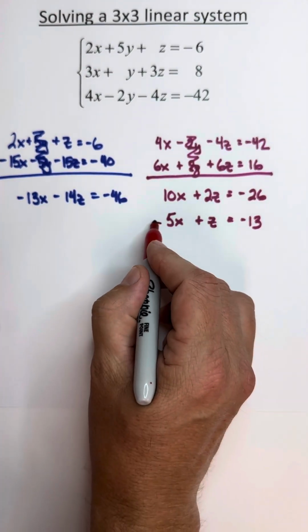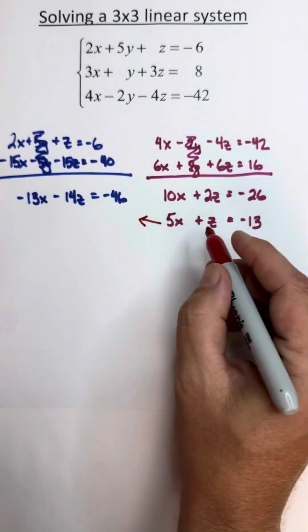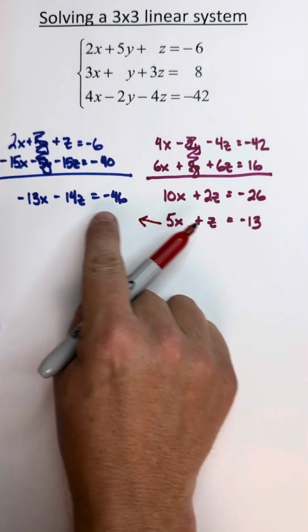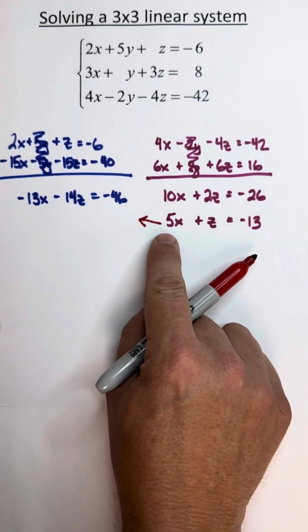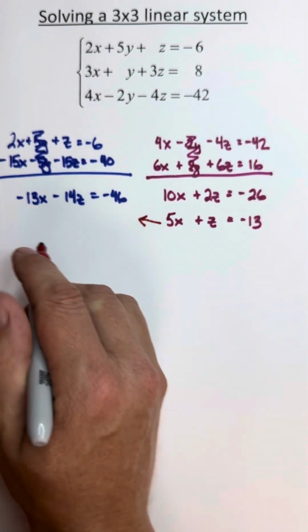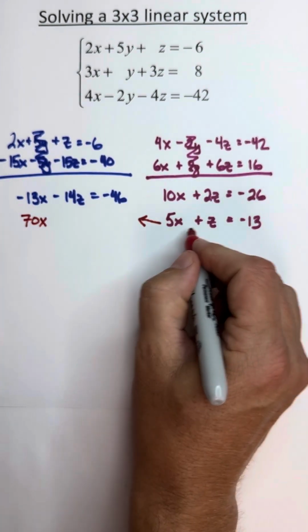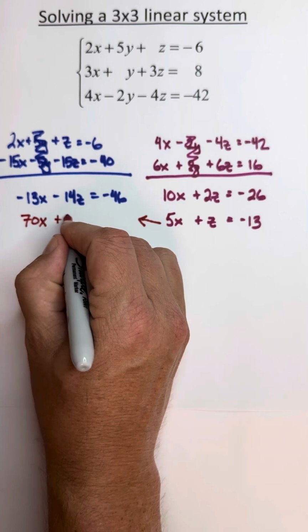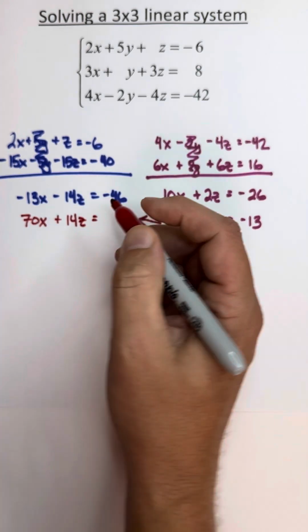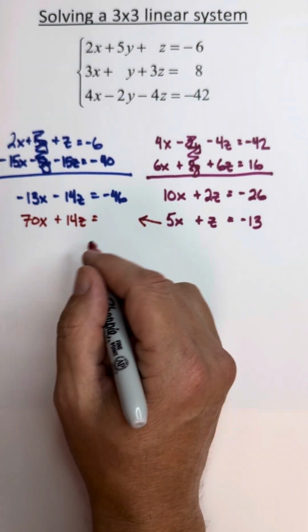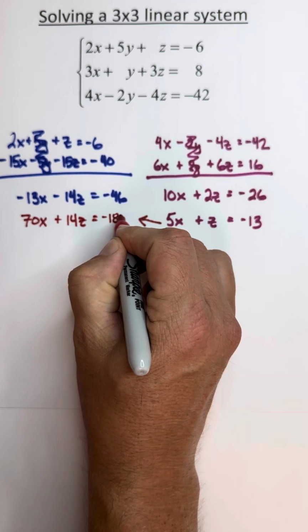I'm going to bring this equation over here, and multiply everything in this equation times 14 to get those z's to cancel out. So 5 times 14 is 70x. We're going to have z times 14 is just 14z. And 13 times 14 is going to give us -182.